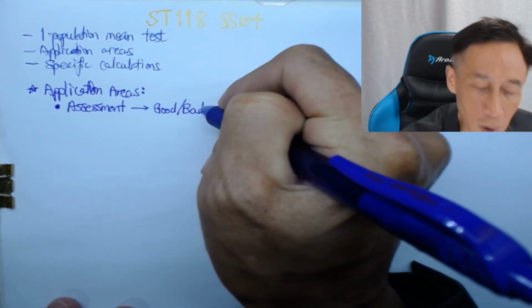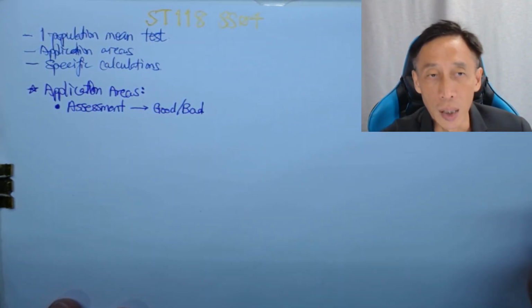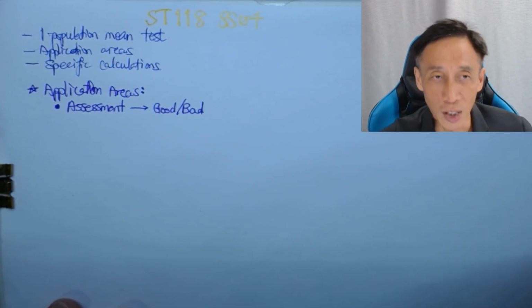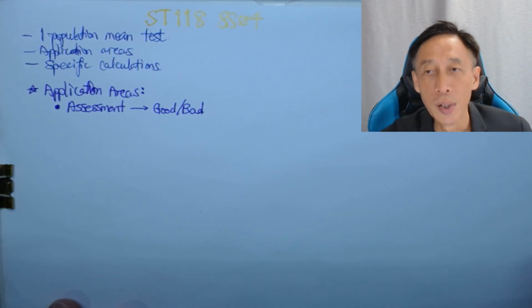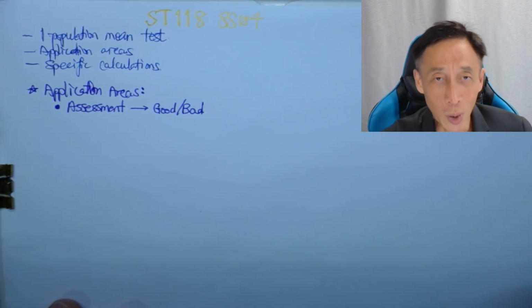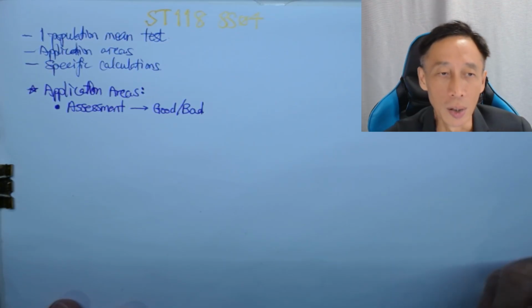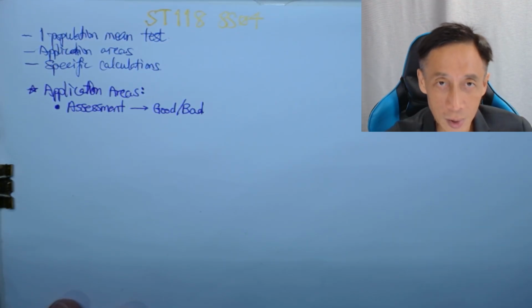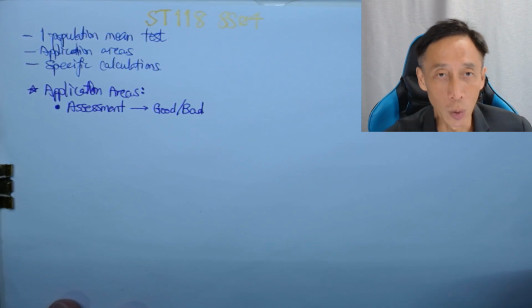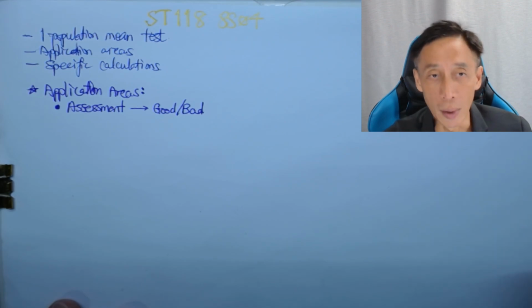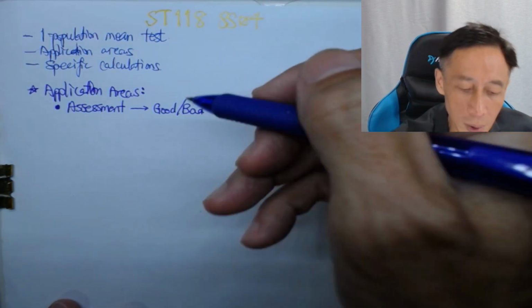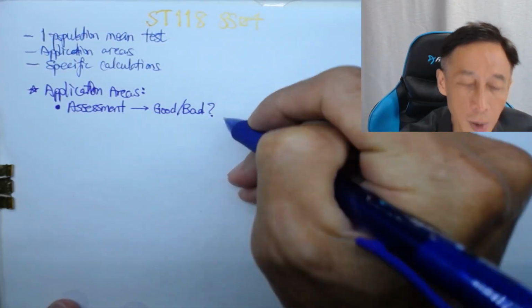And you need to make a so-called objective, statistical assessment. Is this employee performing well? That's an assessment, right? So annual assessment. Is this company doing well? So good or bad? It always can turn into a question.